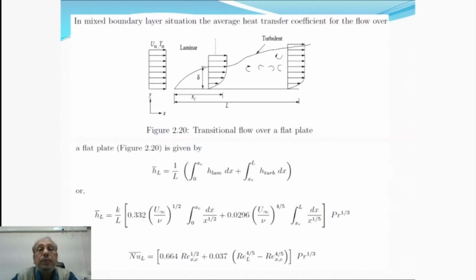Now in a mixed boundary layer situation, consider the average heat transfer coefficient for flow over a flat plate where up to some x it is laminar, and then it is turbulent.